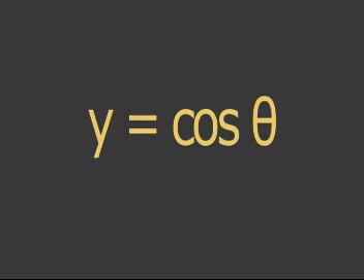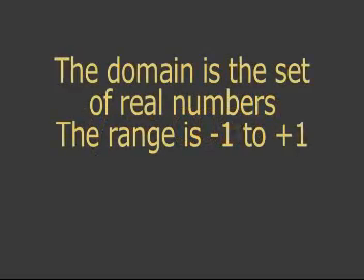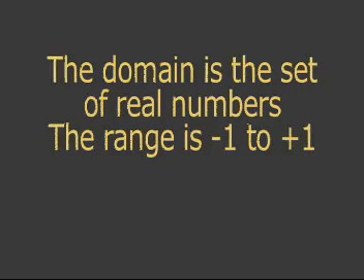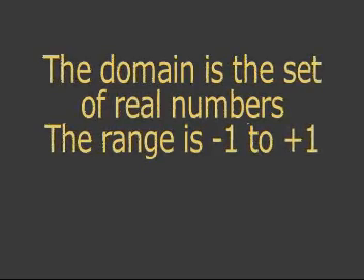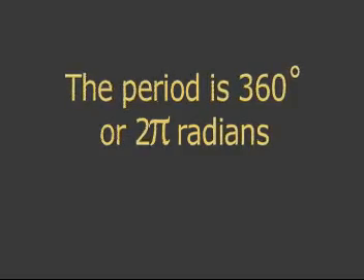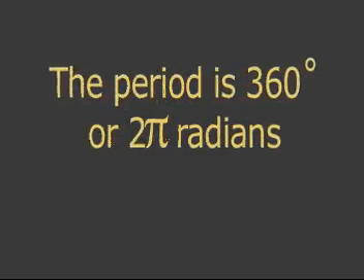It is the same for the cosine function. The range is -1 to +1. And the period is 360 degrees, or 2 pi radians.